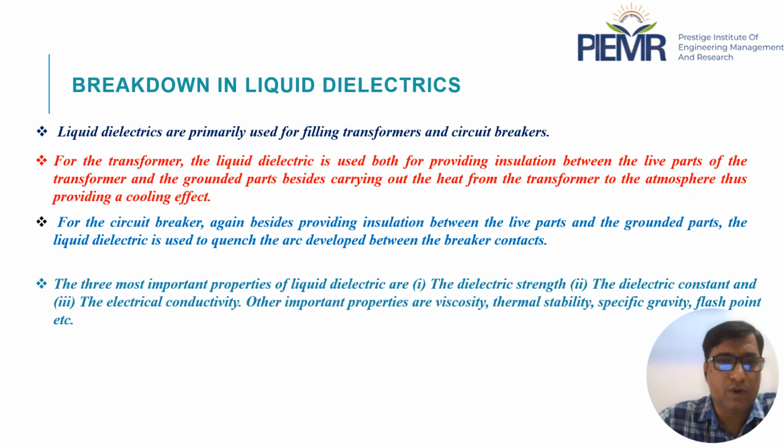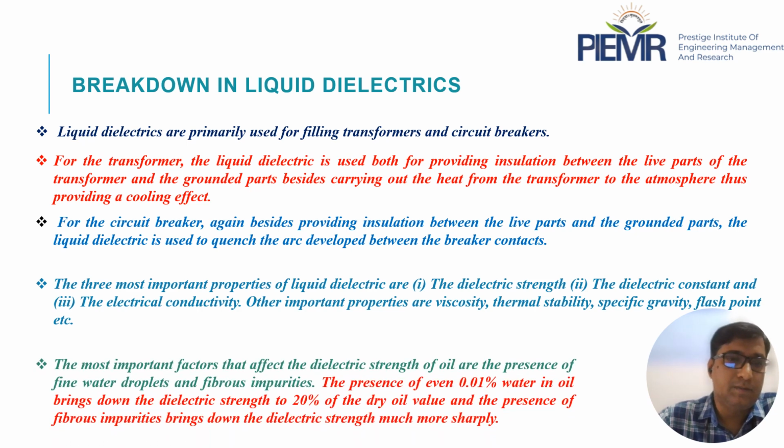The three most important properties of liquid dielectrics are: the first one is the dielectric strength, the second one is the dielectric constant, and the third one is the electrical conductivity of the dielectric. Other important properties are viscosity, thermal stability, specific gravity, flash point, etc. The most important factors that affect the dielectric strength of the oil are the presence of fine water droplets and fibrous impurities.